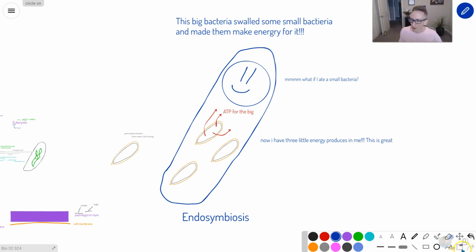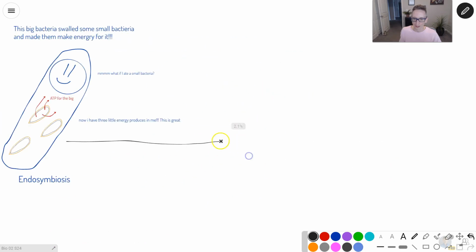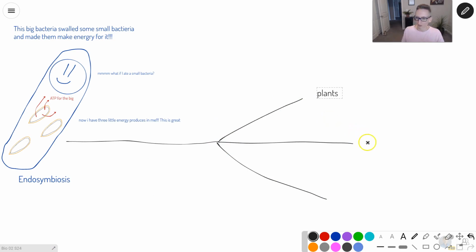And then every eukaryotic being that is now alive came from this first primitive eukaryotic cell. So everything, just plants, fungus, and animals, to name a few, all came from this common ancestor.